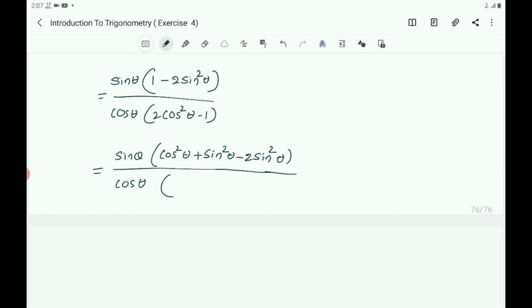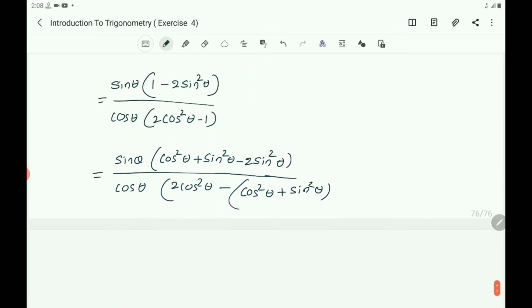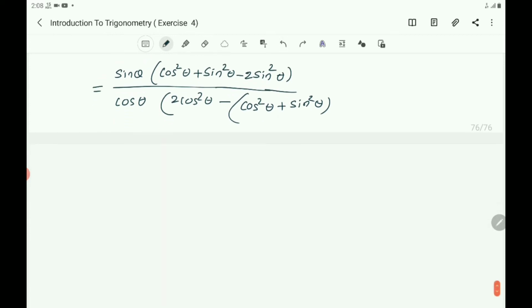You write it as it is, 2 cos square theta minus 1, and 1 you write as cos square theta plus sin square theta. Here this is 1. You know that cos square theta plus sin square theta is 1.